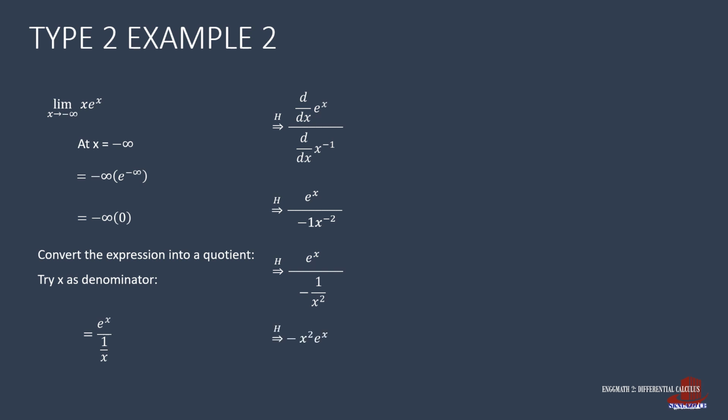Flip the denominator of the denominator up to reduce the expression as negative x squared times e raised to x. With the simplified expression, we now substitute negative infinity for x. So we have the negative of negative infinity squared times e raised to negative infinity, and this results in negative infinity times 0. From the first derivative, we still ended up with the same type 2 indeterminate form.